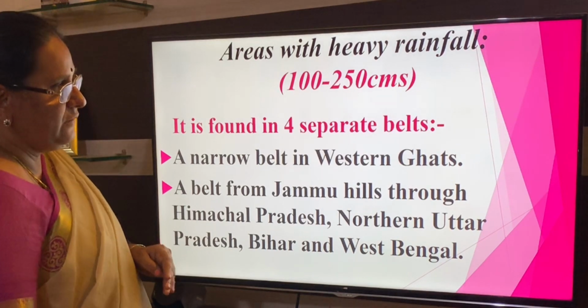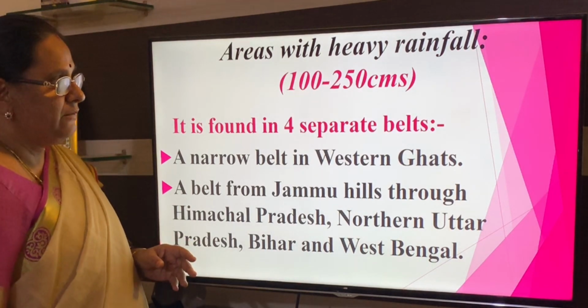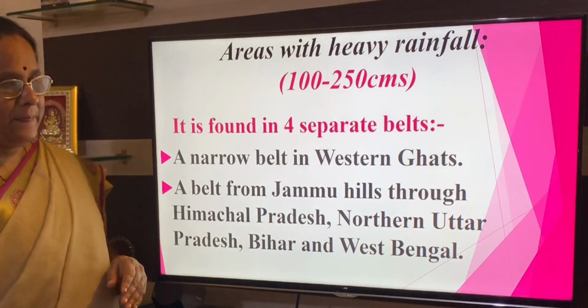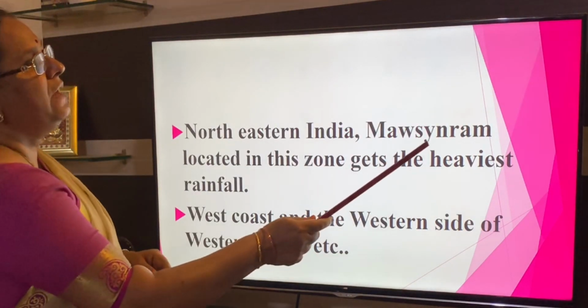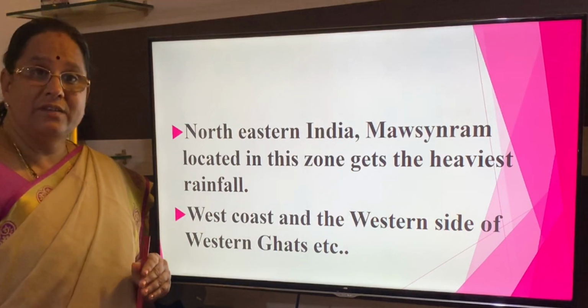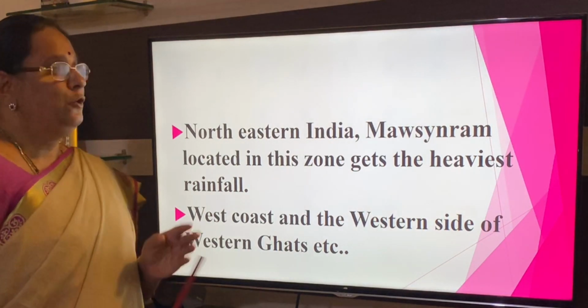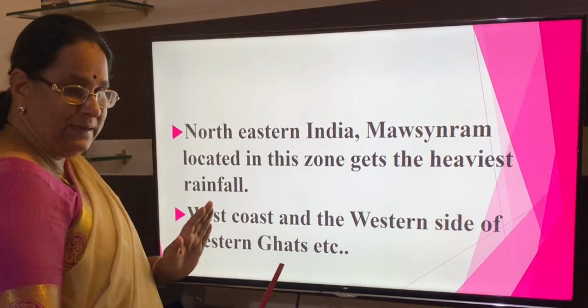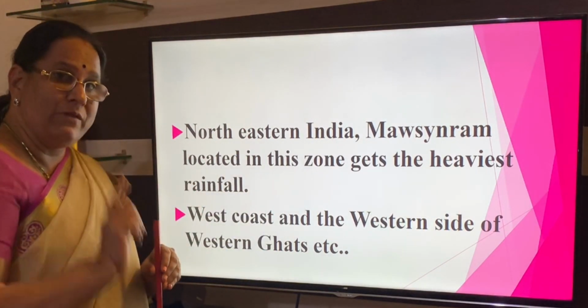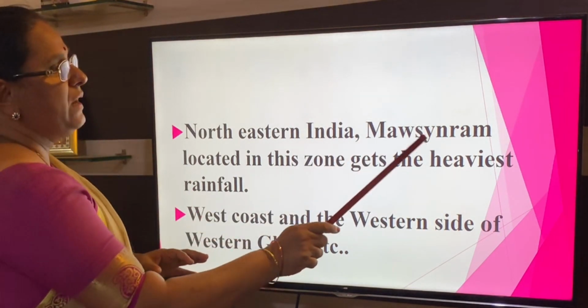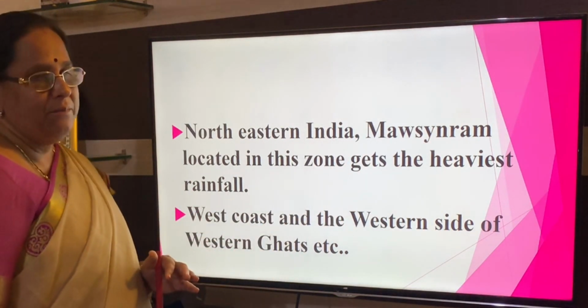Next slide you can see where do we receive the high rainfall region. That is Maasandra, where we receive the heaviest rainfall in India. Though they have mentioned the 4 belt, but you have to mention only one place in that where we receive heavy rainfall, and that is Maasandra, which is located in Meghalaya.